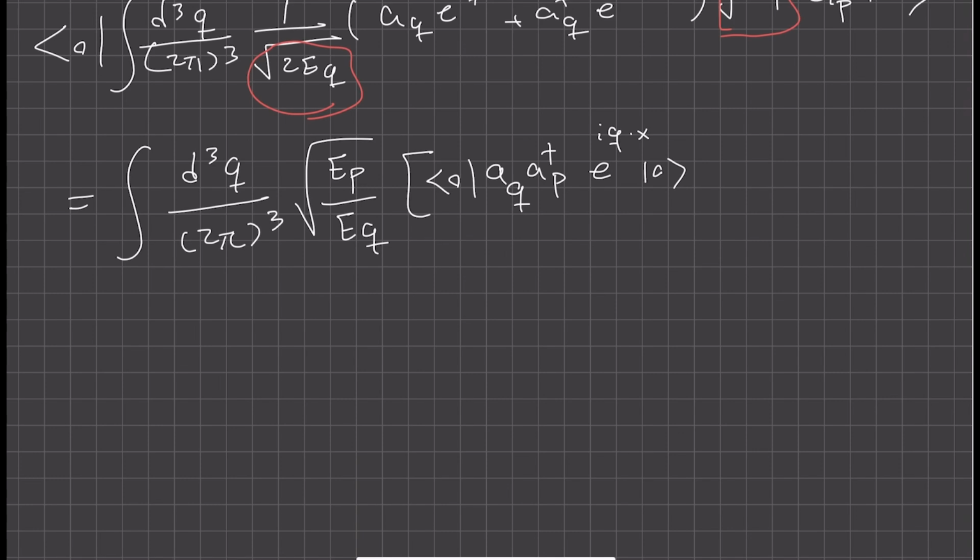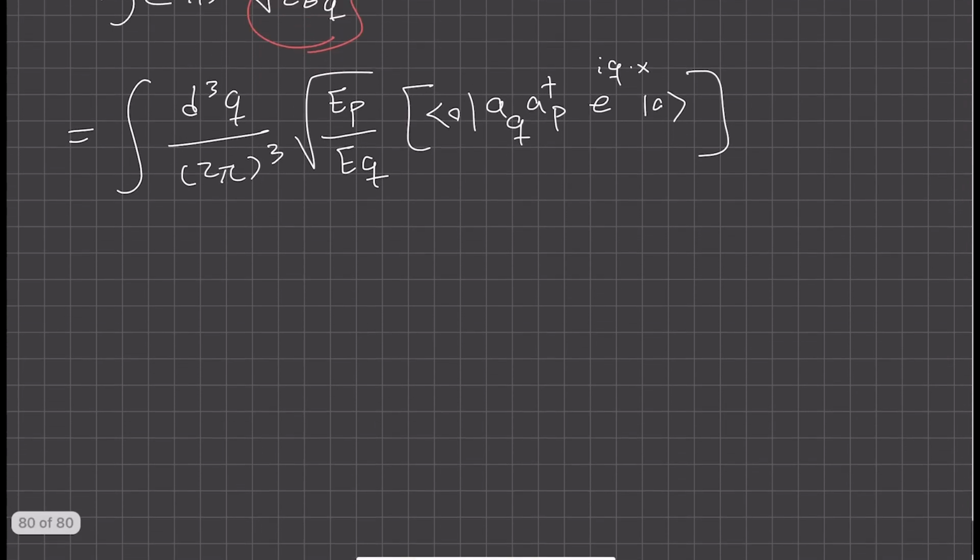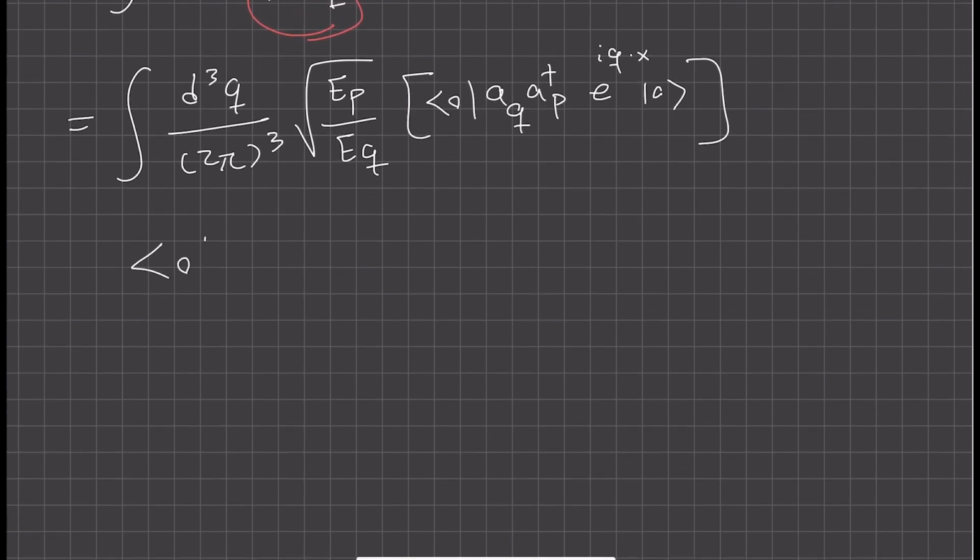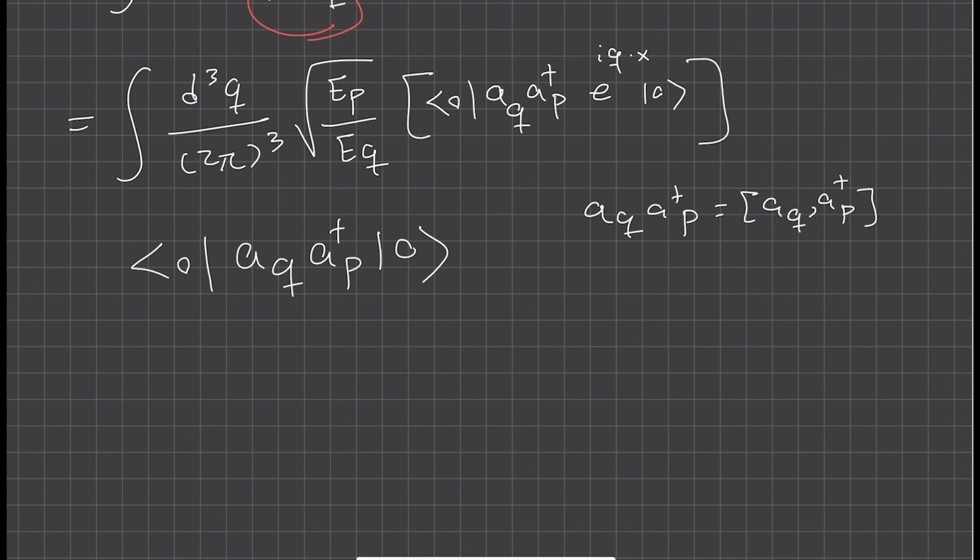So this is something that we don't know how to calculate, but we can use some trick. Our goal is to calculate the expectation value of a_q a†_p acting on the vacuum. Let me write a_q a†_p as the commutation of a_q and a†_p, plus what?